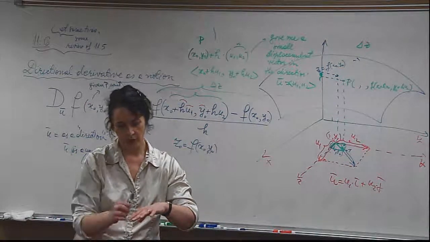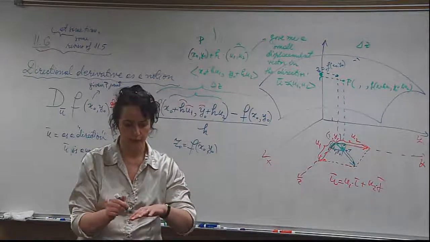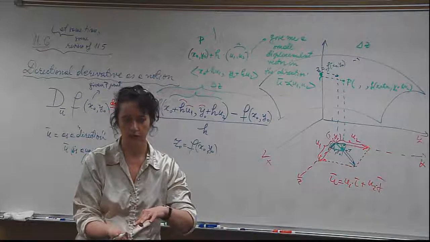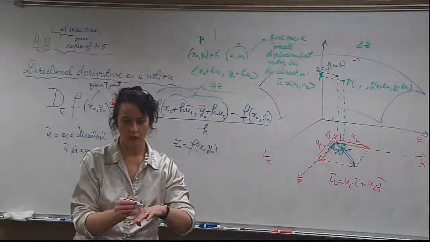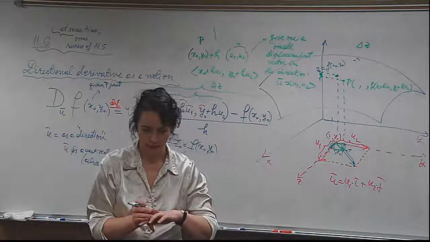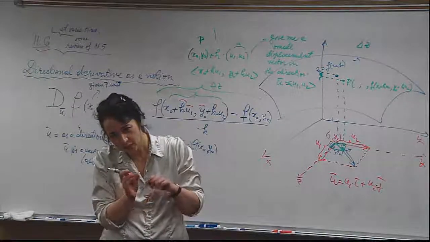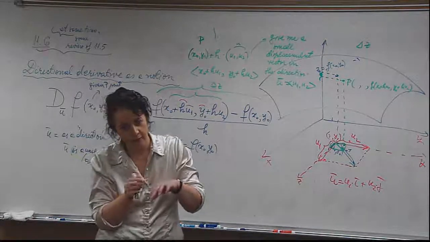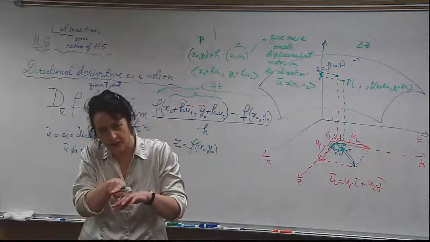And I say, okay, where do I go? I make an infinitesimally small displacement in that direction, here I am. So the two points are related to one another, and you say, but there's such a small difference in altitudes because you have an infinitesimally small displacement in that direction.